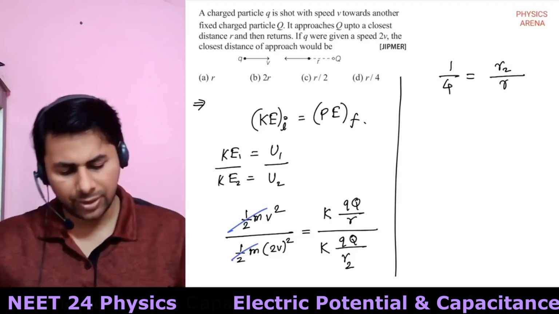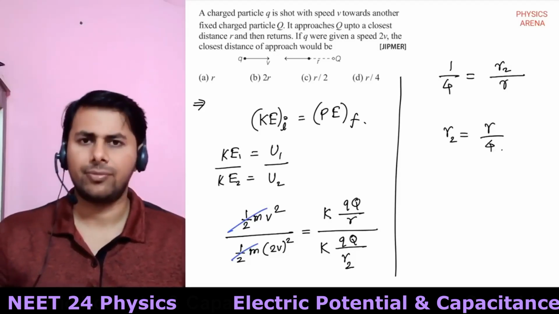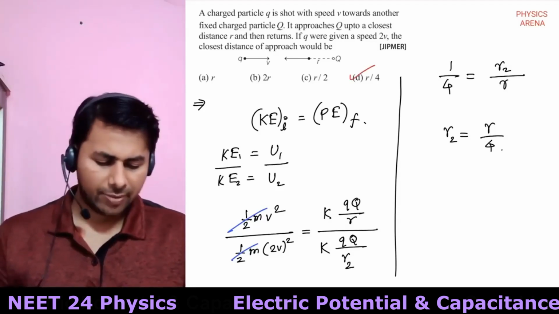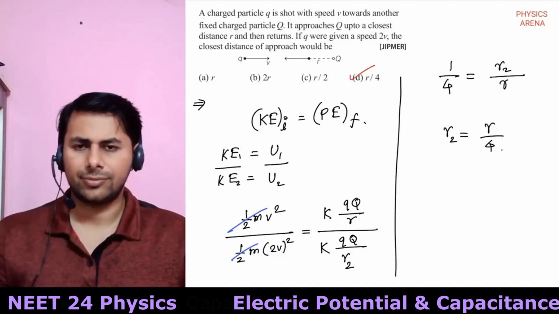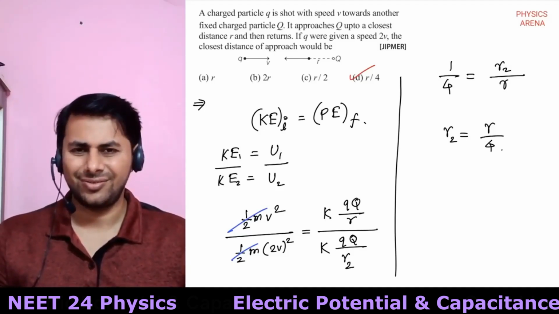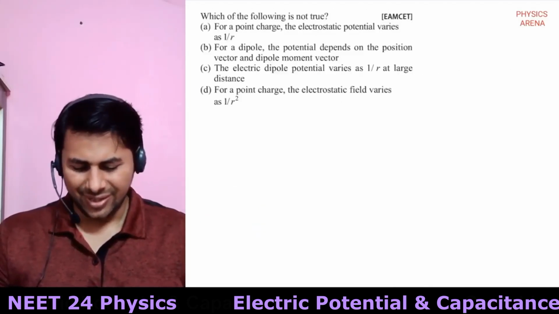Okay, so move that r to the other side. You get r2 equals r by 4. Okay, so the answer is r by 4. This thing is clear? Yes or no? All right.